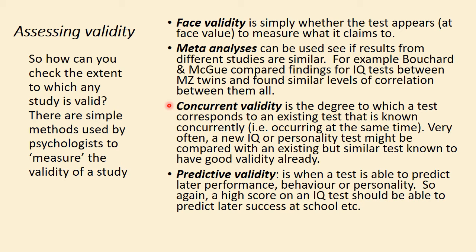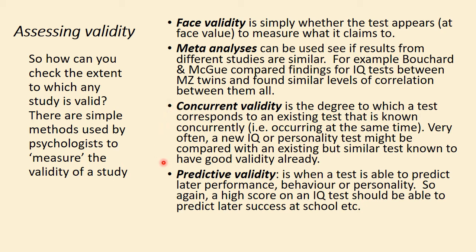And if the new test gets similar results to the existing test, then we can say our new test has validity. So concurrent validity is whenever you're creating a new study or a new test, does it measure things in a similar way to already existing things that are considered valid? I'm not making any sense here, am I?